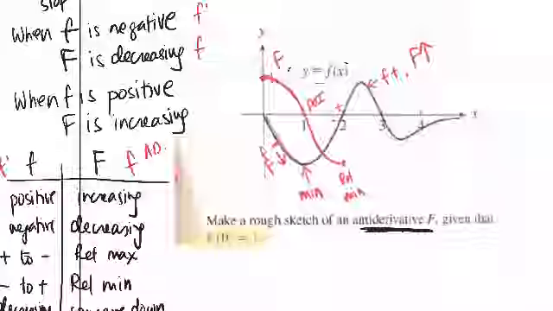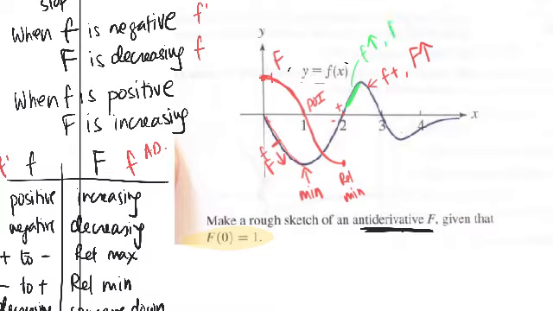On this first stretch here, little f is increasing, so big F is concave up. And then on this stretch here, little f is decreasing, so big F is concave down, right? So it's going to come up, concave up, and then right here it's going to flip to concave down. Then here we're going to reach a relative maximum, right? So it's going to start decreasing.